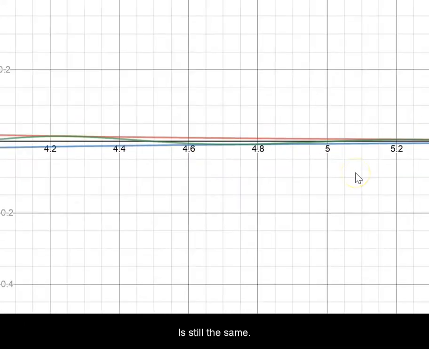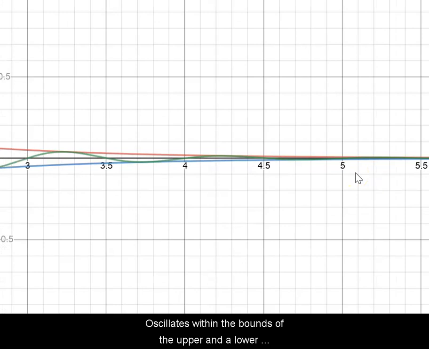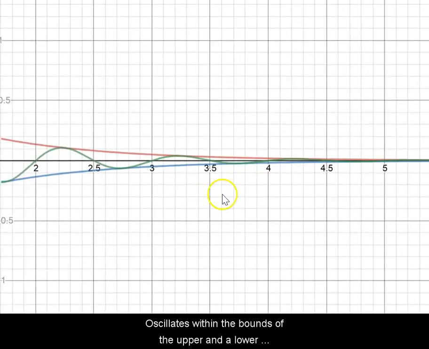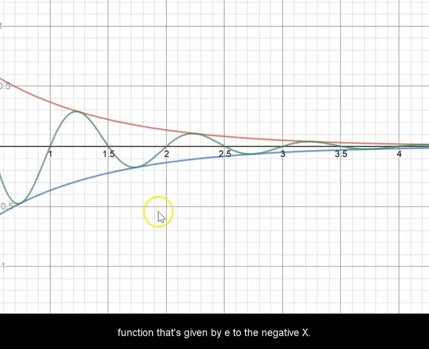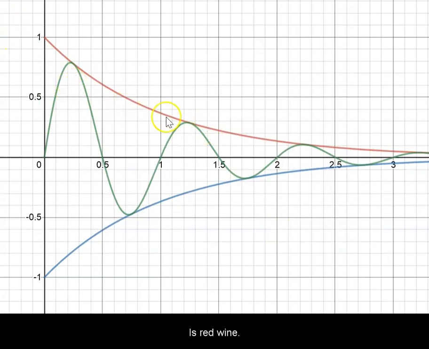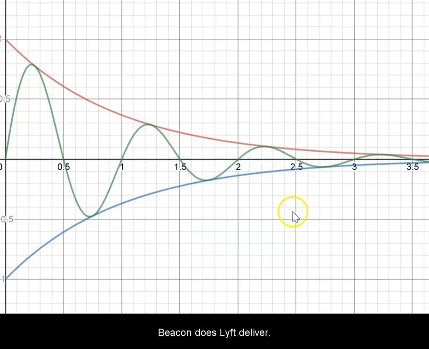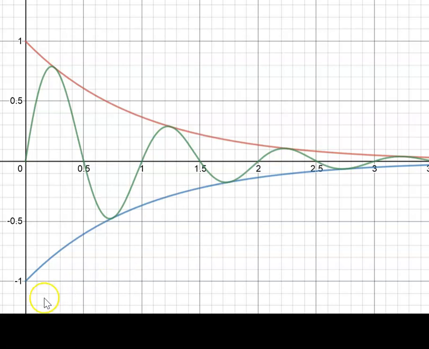The period is still the same, but it oscillates within the bounds of the upper and the lower function that's given by e to the negative x, this red line, and negative e to the negative x, which is the lower line. Okay, so that's what your graph should look like. Of course, it asks you to cut off at 3, so we just looked a little bit deeper than that.